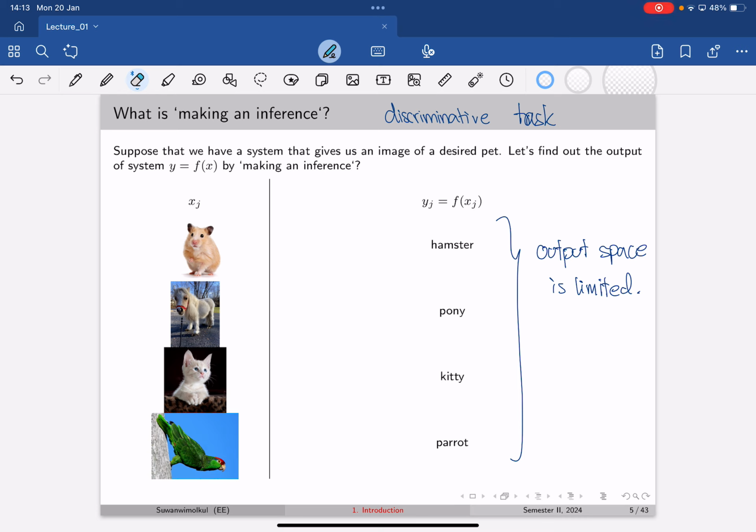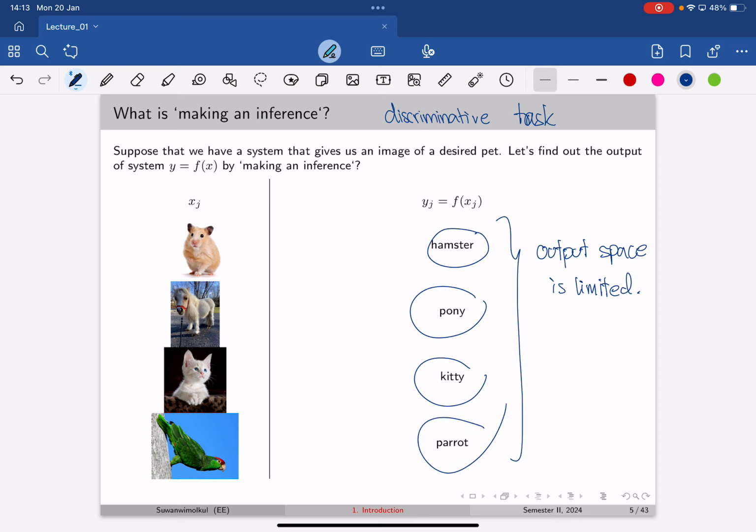And usually the dimension of your output is going to be small. Let's say when your output is a hamster, a pony, a kitten, or a parrot, it can usually be mapped to a single digit. If you say that the class of a cat is 0 and the class of a dog is 1, you can provide a numerical representation that is finite as well. So it can be a discrete number.